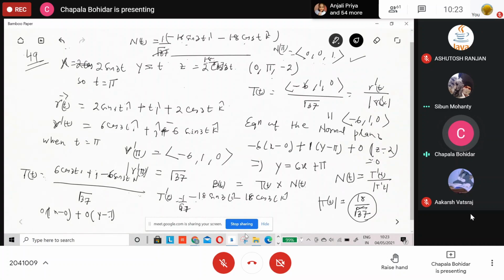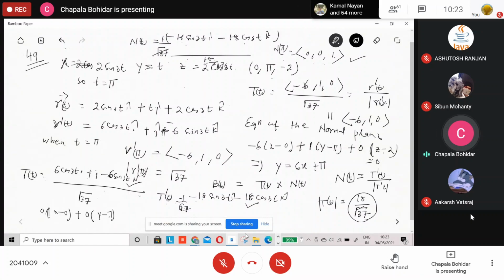For the NT, it is t dash t by absolute value of t dash t, or not? What is the formula of NT? NT is equal to 1, T dash t, we got that T dash T, we got this one. So T dash T, we got it is 1 by 37. I take it outside. I got this value. Okay, T of pi, T dash of absolute value.